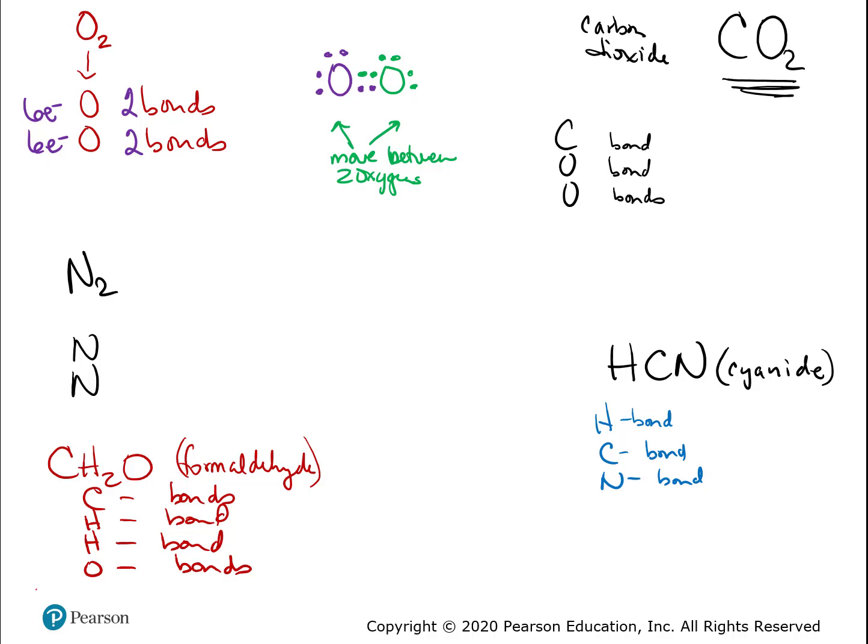So you see the purple dots are still around the purple oxygen. The green oxygen dots are still around the green oxygen. So I didn't just move them over. I didn't take the green ones and put them over on the purple side. They're in between, or they belong to the green oxygen themselves.